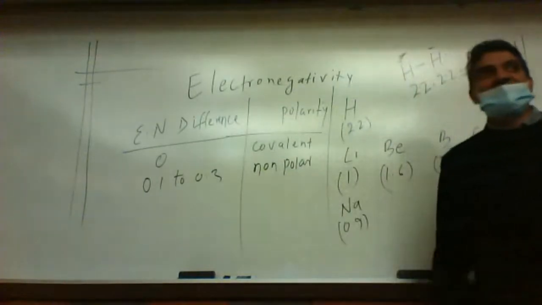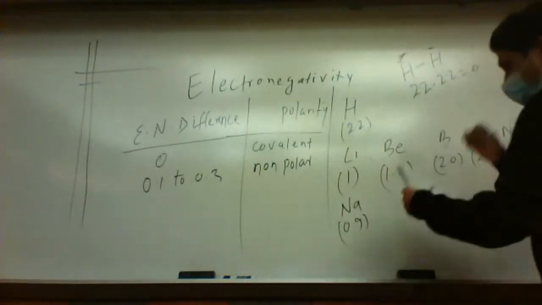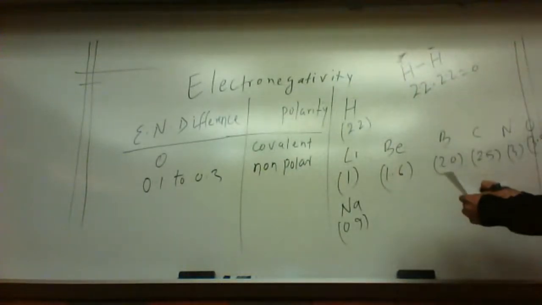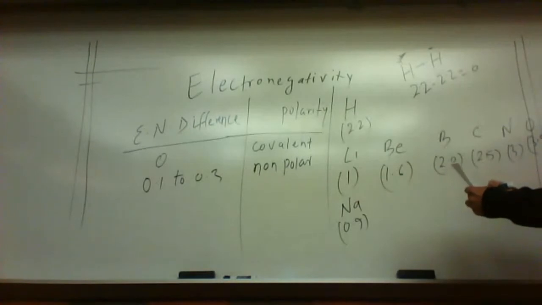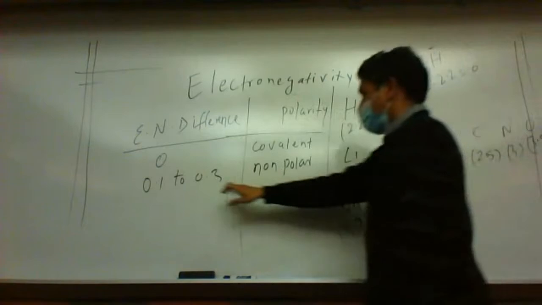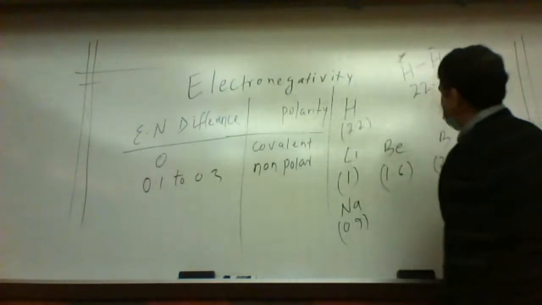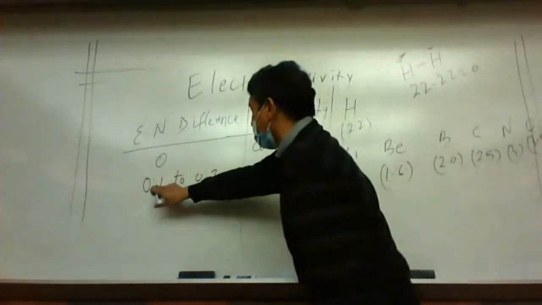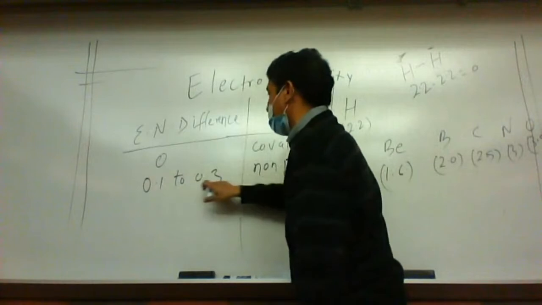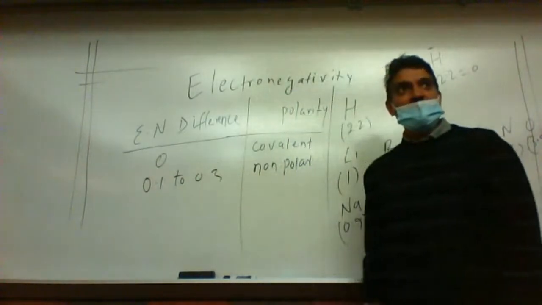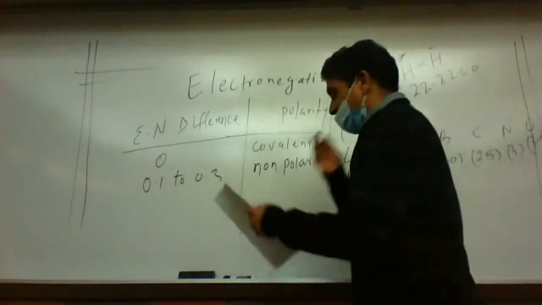This is also kind of covalent, non-polar. So if you subtract from this number to this number, and you get either 0.1, 0.2, 0.29, or 0.3, that's also non-polar. Yeah, non-polar.